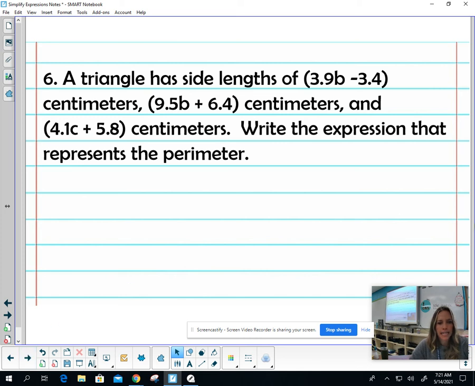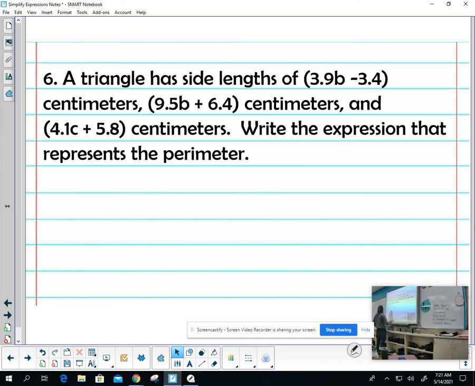A triangle has side lengths of 3.9b minus 3.4 centimeters, 9.5b plus 6.4 centimeters, and 4.1c plus 5.8 centimeters. Write the expression that represents the perimeter. Okay, so we have 3 sides. We're going to add all these together. Let's jot that down.